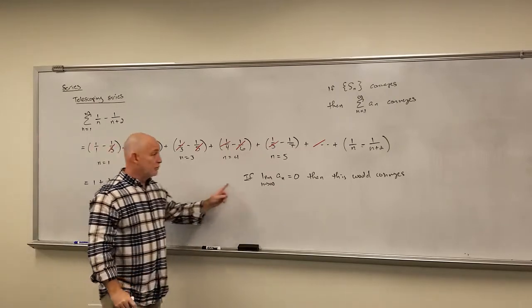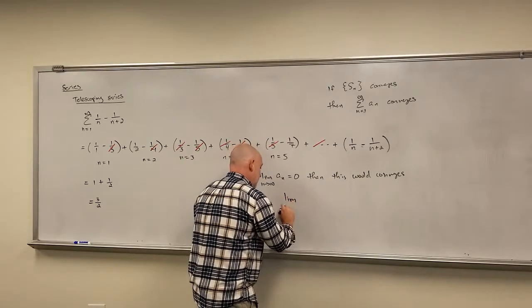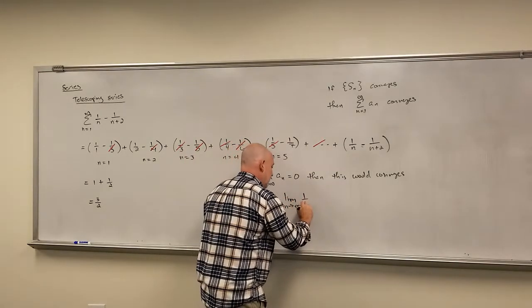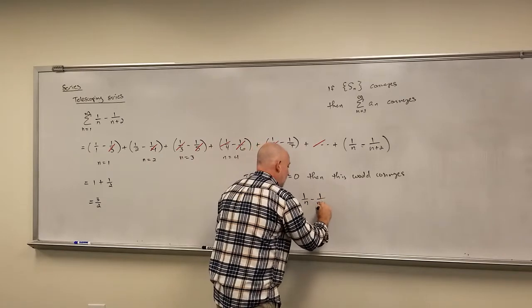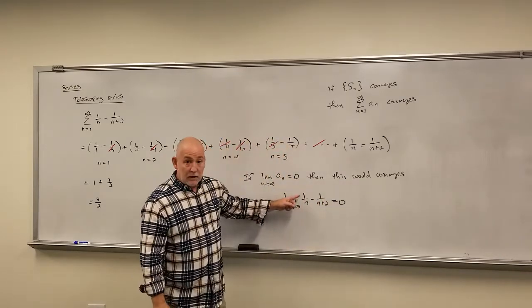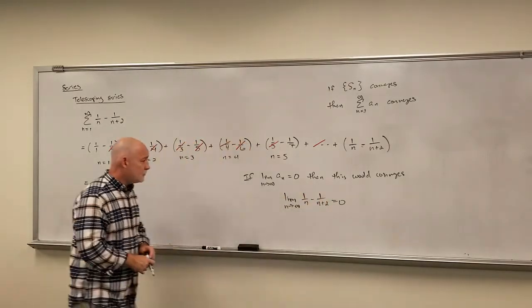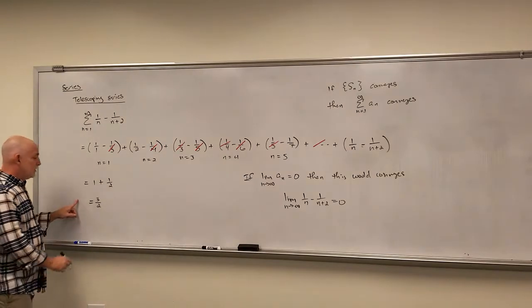Now, that would be true as long as this actually goes to 0. And as we can see here, the limit as n goes to infinity, 1 over n plus 2 is 0, right? As n goes to infinity, n's getting bigger, the top stays the same thing here. So that goes to 0, which means this actually converges.